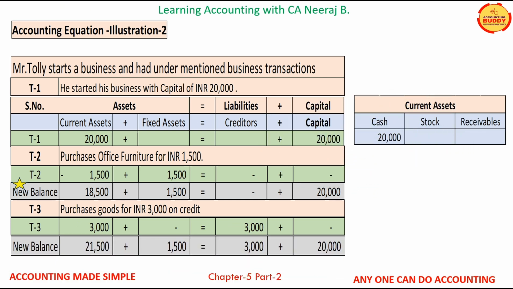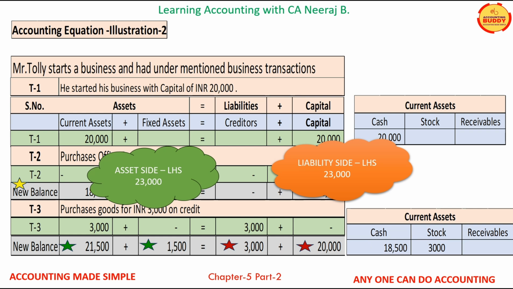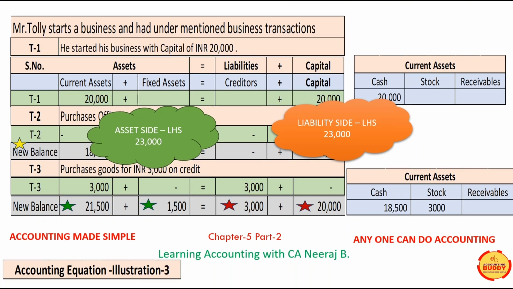Now the new balance of accounting equation post T3 transaction will be 21,500 cash and 1,500 furniture, totaling to 23,000 of assets on the left hand side and a capital of 20,000 plus a liability of 3,000 on the right hand side of the accounting equation. At this stage, the business will have 18,500 of cash and 1,500 of stock under the head current assets.